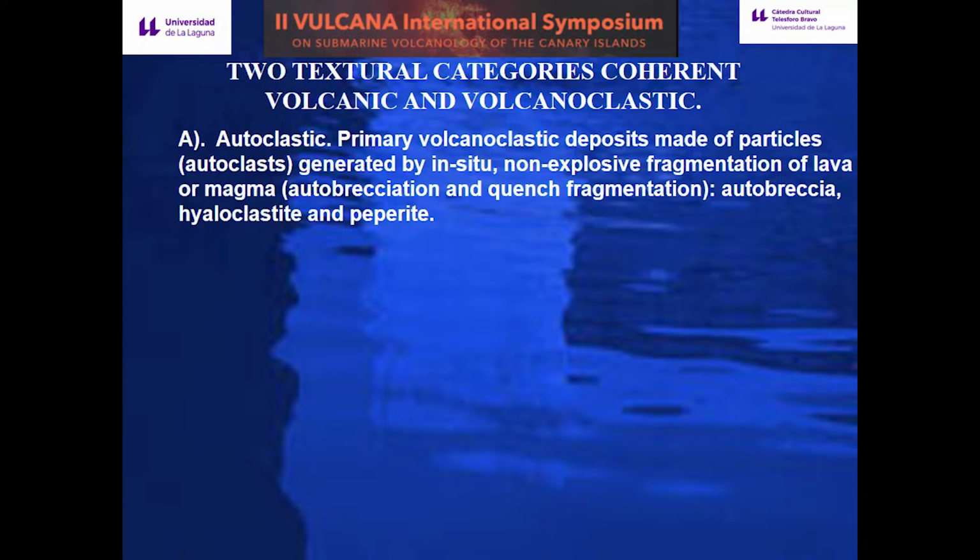Autoclastic volcanic primary volcanoclastic deposit made of particles, named autoclasts, generated by in situ non-explosive fragmentation of lava or magma, autobrecciation and quench fragmentation, and are named autobreccia, hyaloclastite, and peperite.